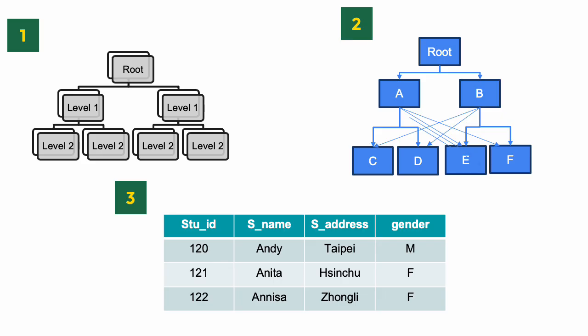Let's see the first picture, okay? The first picture contains nodes which are connected by branches. The topmost node is called the root node, and each node has exactly one parent. One parent may have many children. Meanwhile, a child only has one parent.